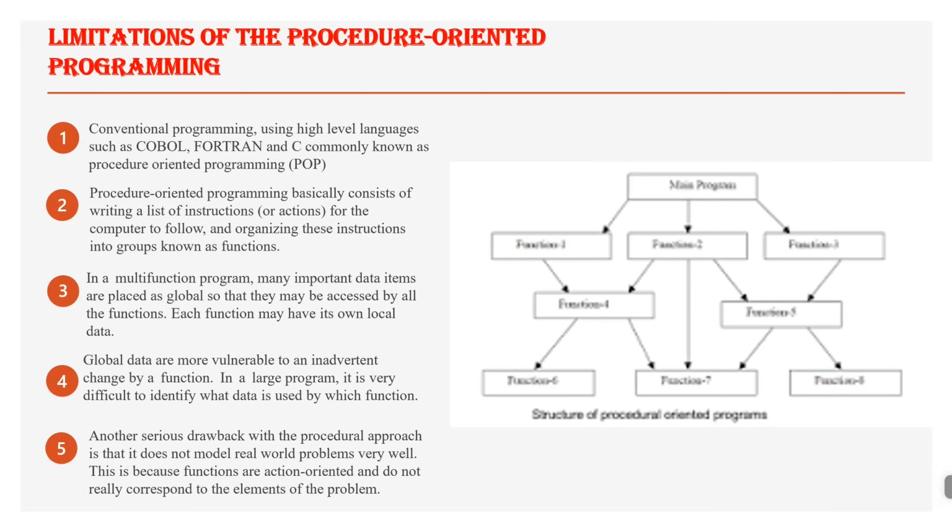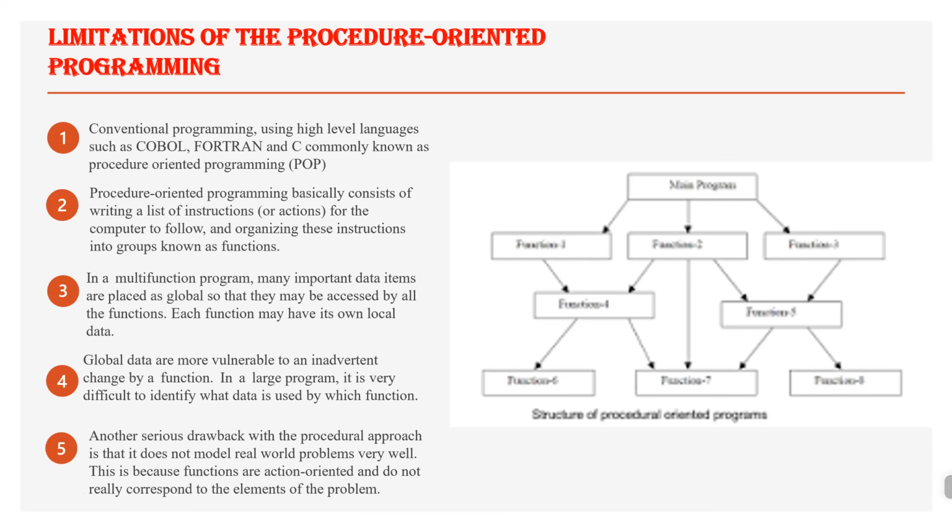Right? So, point number 4 is very clear, which says that global data are more vulnerable to an inadvertent change by a function. If a function brings any changes, that may affect the global data also. So, security is an issue.